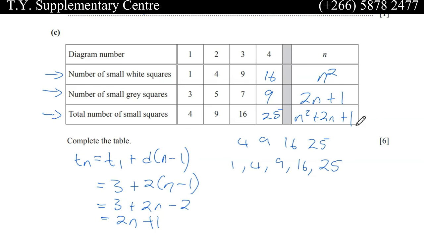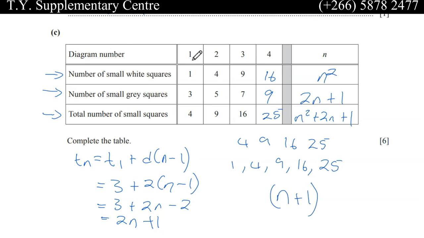So we can write this in a different way. When you are in diagram number n, to get this sequence, you square the number that comes after n, meaning the number that you square is n plus 1.